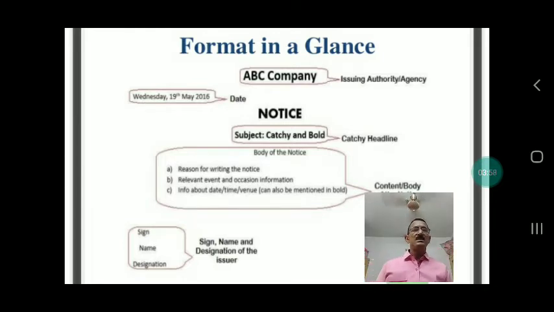In this, you can mention reasons for writing the notice, the relevant event and occasion, and information about date, time, and venue in a well-mannered way. Then the signature of the authority, name and designation must be written very clearly.